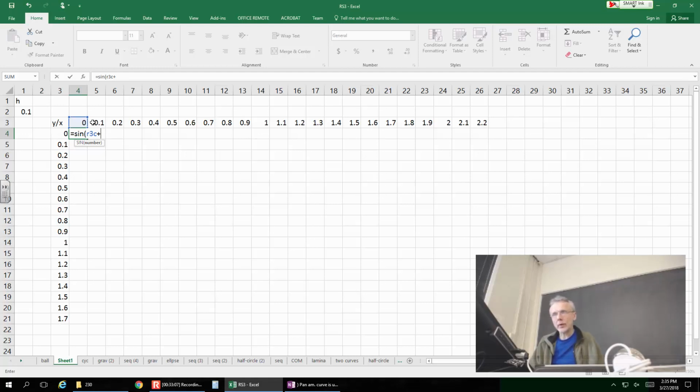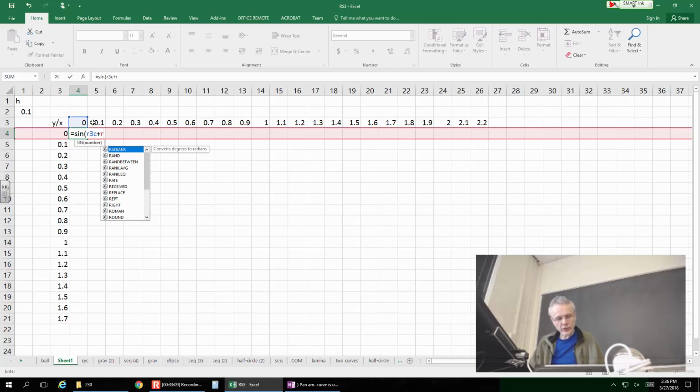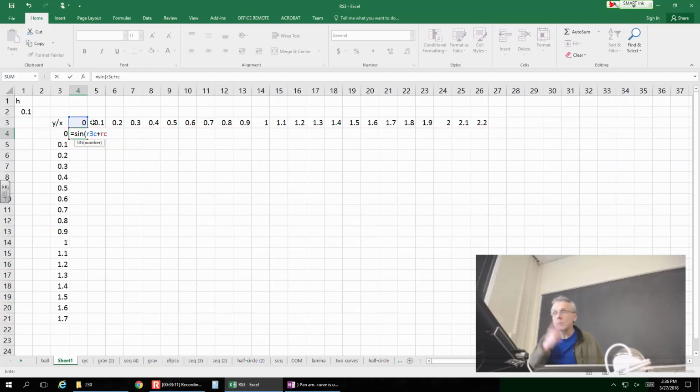So it will be RC3, squared. So you see the formula, right? The blue one is x, and the red one is y. So sine x plus y squared. It certainly is y.